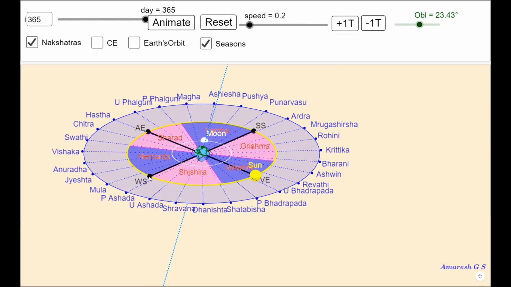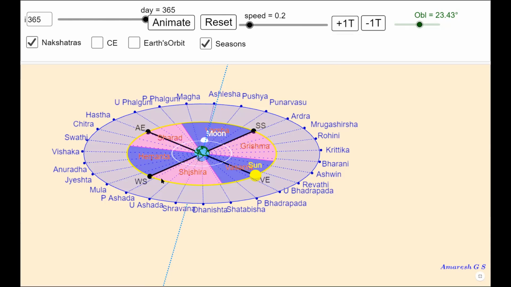It occurs about 8 to 9 days after the day of winter solstice. Winter solstice being around 21st, 22nd December. So the 1st January would be somewhere here.